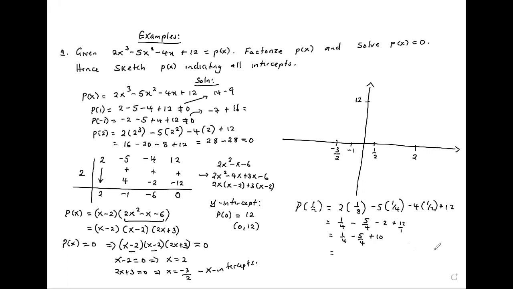So we get 1 over 4 to be down and get 1 minus 5 plus 40. This is giving us 41 minus 5, 41 minus 5/4. This is 36/4, giving us 9.